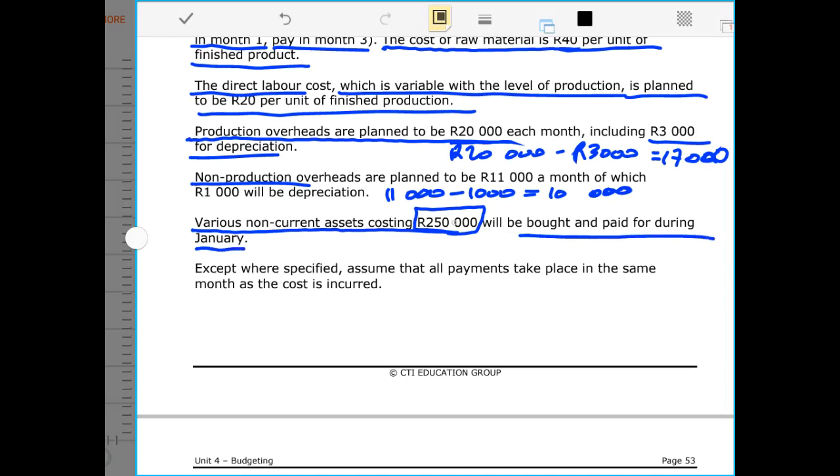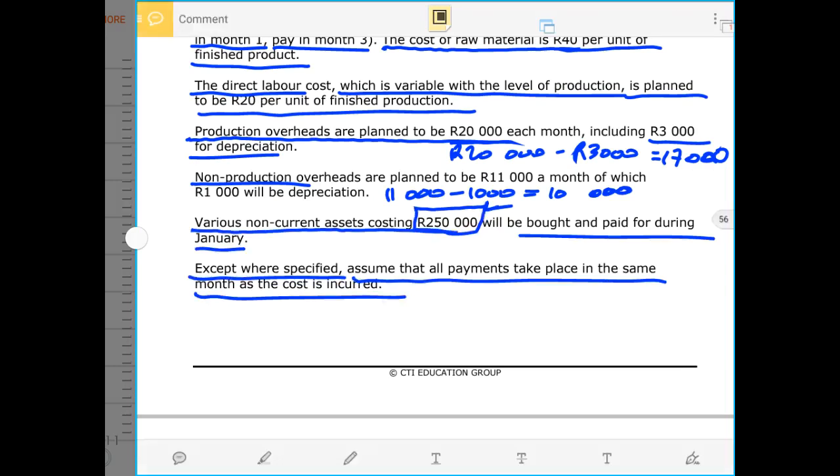So this will be recorded as an outflow of cash in January. Hence they say, except where specified, assume that all payments take place in the month the cost was incurred. So they are confirming that the 250,000 rand will be paid in the month the cost was incurred, which is January.